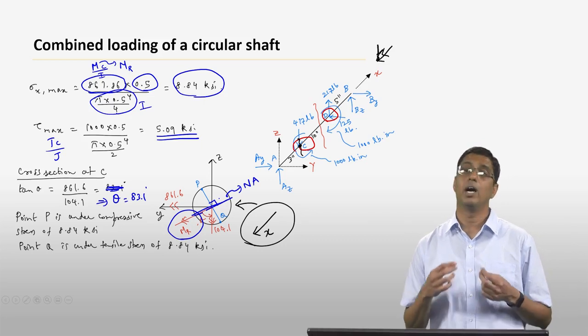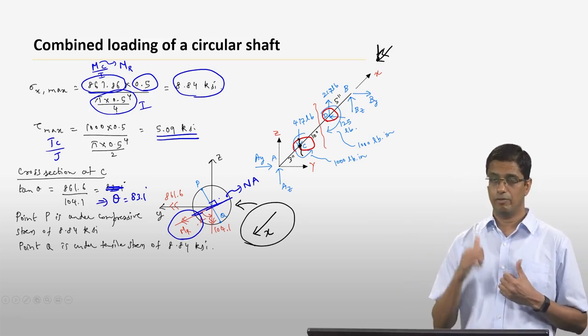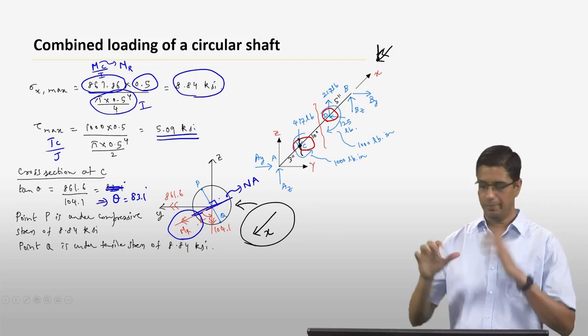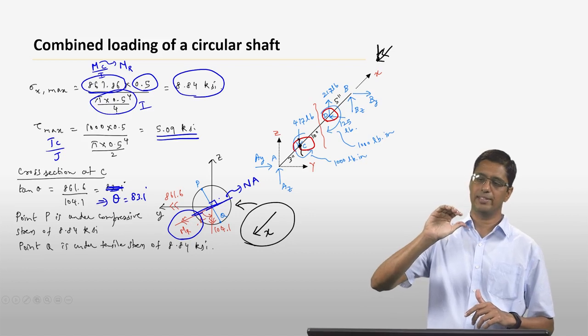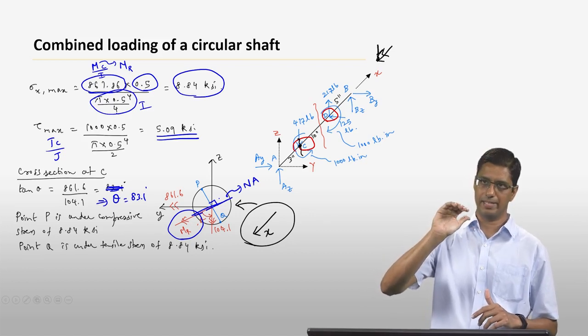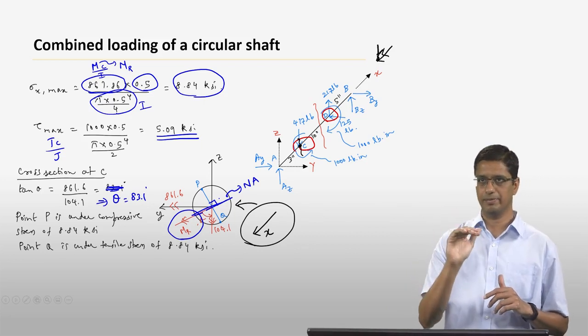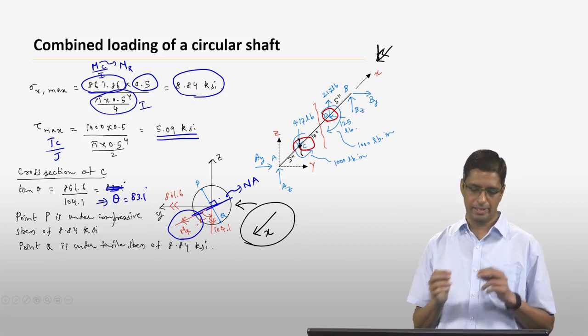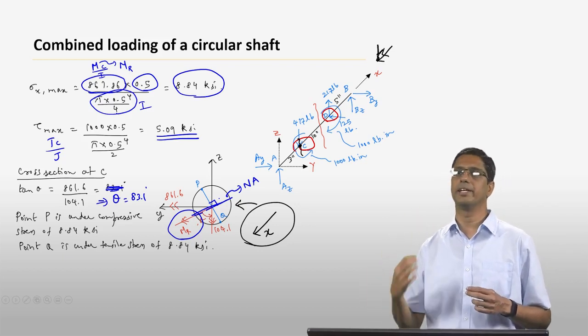Now how do you know whether point P is going to be under compression or tension? For that, we again use the right hand rule. You point your thumb along the direction of Mr, and what you see is that your fingers will be pressing point P. If it is pressing, it is compressive. So point P is going to be under compression, and the diametrically opposite point, which is Q, is going to be under tension.